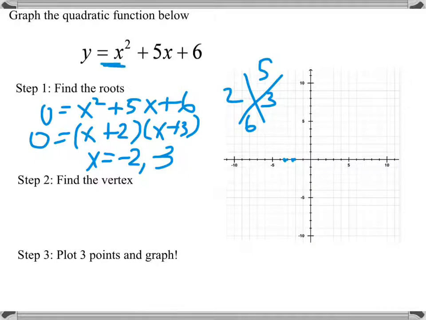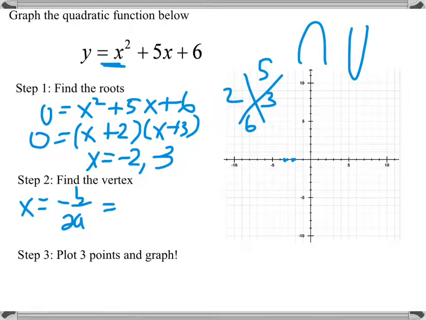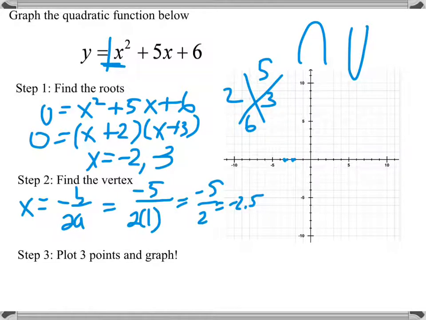Since the leading coefficient is positive, it means it's going to open upward and not downward. So we find the vertex: x is equal to -b over 2a, where -b would be -5, over 2 times 1, since 1 is the leading coefficient. So it would be -5 over 2, which is -2.5. Now if we zoomed in on this graph, we could see that that's right in between our two roots.